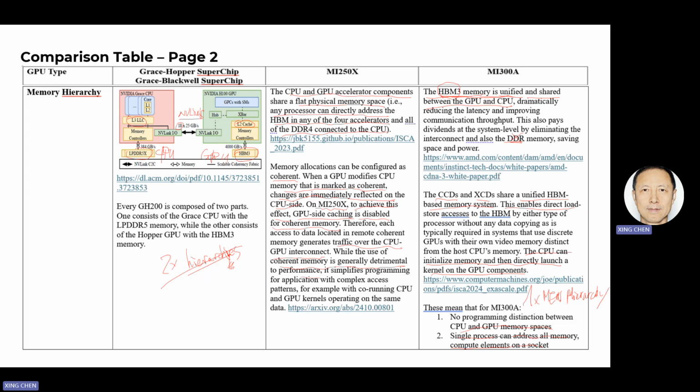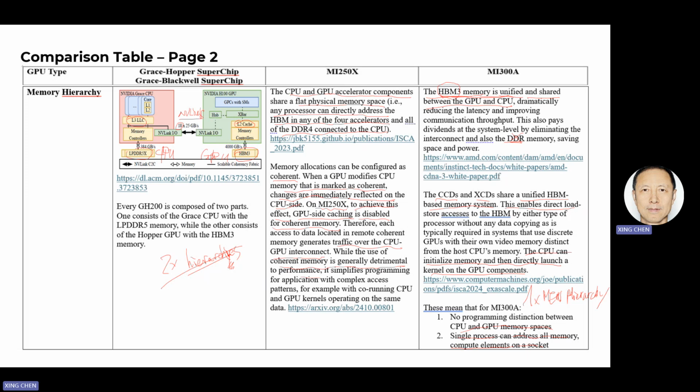So this is the summary of the three products. Basically, from the programmer's point of view, as we have discussed in part 1, part 2, and part 3, the benefit is that you don't need to care about the host-to-GPU data copy in, copy out.